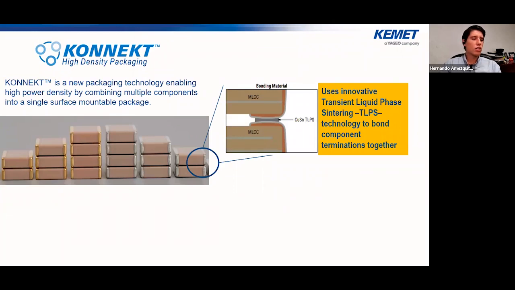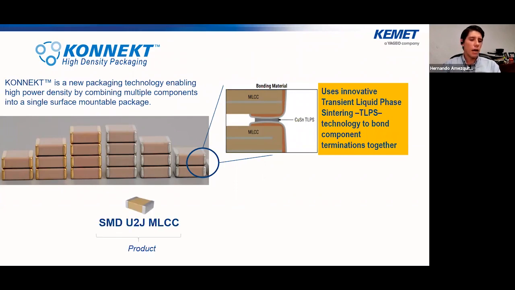This technology uses an innovative transient liquid phase sintering technology to bond the components' terminations together. So this is not using leads, right? Something important to remark is that Connect is not a product by itself.